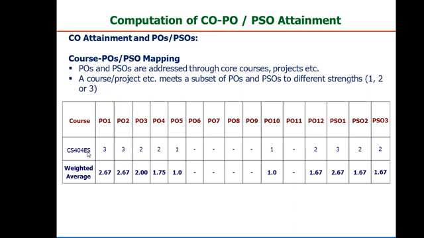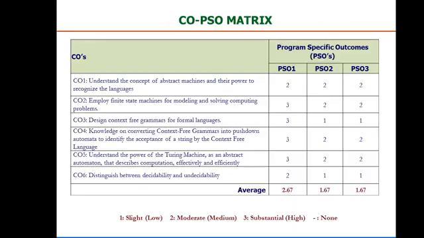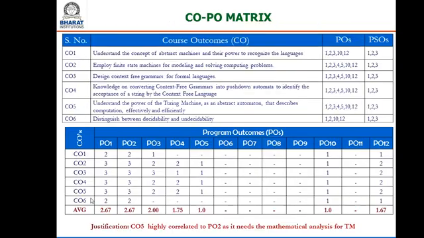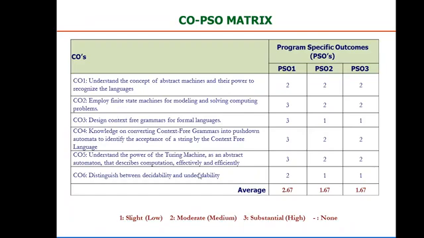Here you can see the CO-PO matrix average values. Overall, the average of all COs we are considering for the course with program level POs. So here 2.67 is the average. If you round it, it will be 3.